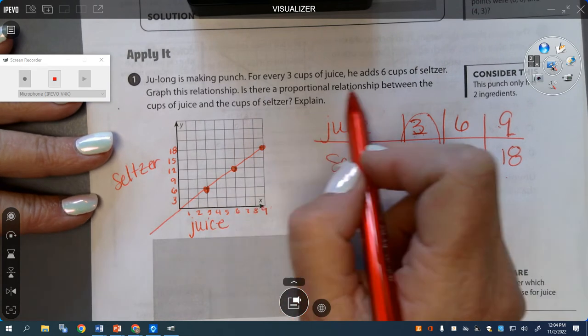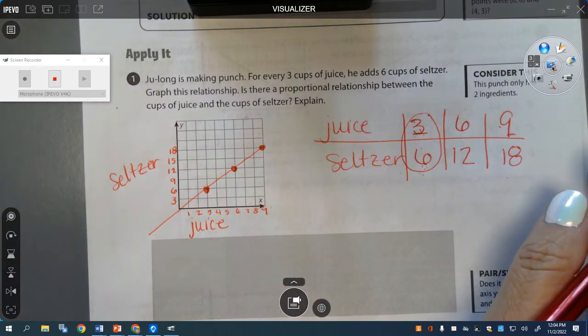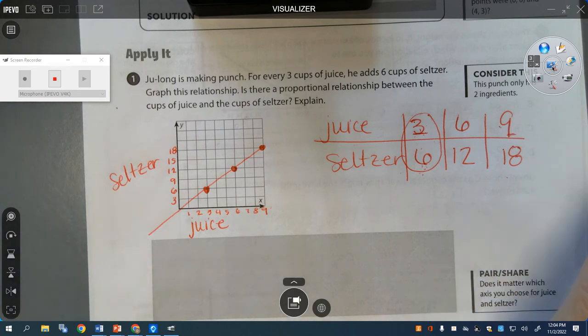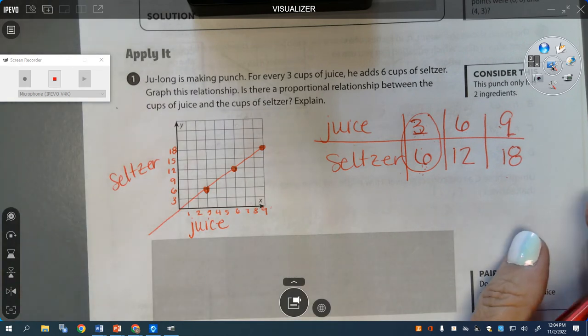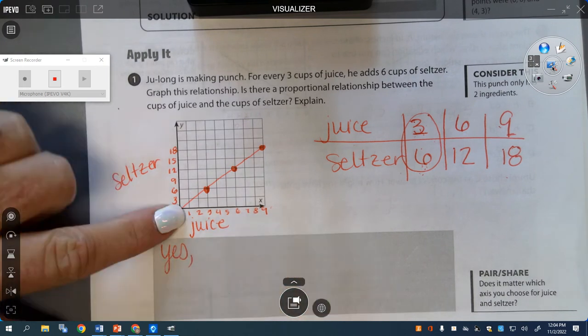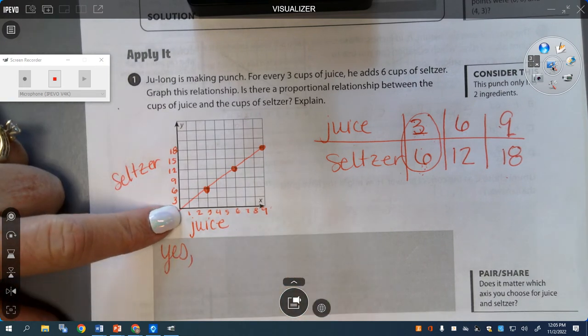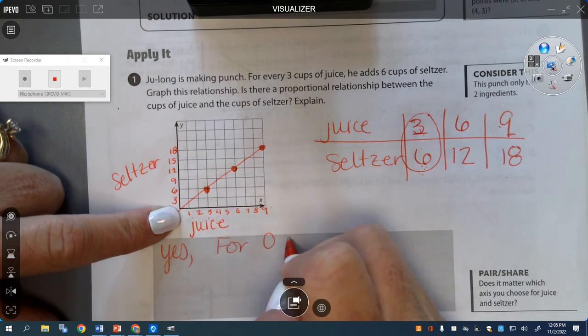Is there a proportional relationship? Well, in your heads, you're looking at this and you're saying, yes, there is, because it goes through 0, 0, and it's a straight line. But that's a robotic answer, isn't it, people? It is proportional, but what does 0, 0 mean? 0 seltzer, 0 juice.